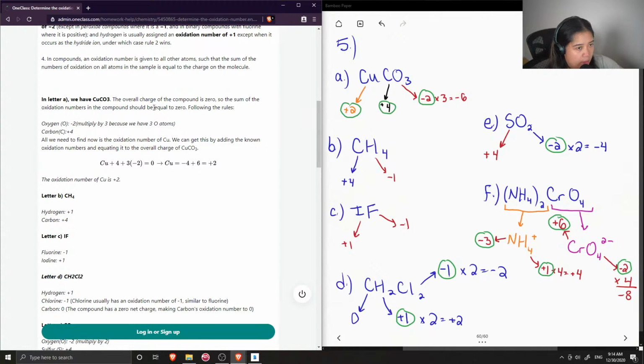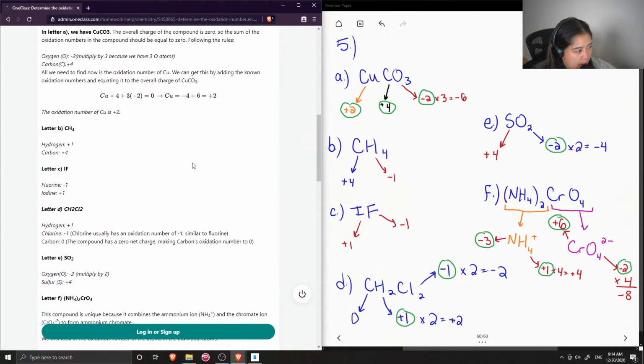So here's what the answers say for letter A, copper carbonate. Overall charge is 0, so they have oxygen having a -2 oxidation number. Carbon is +4, copper was +2.